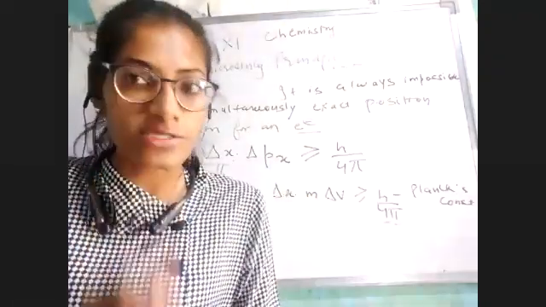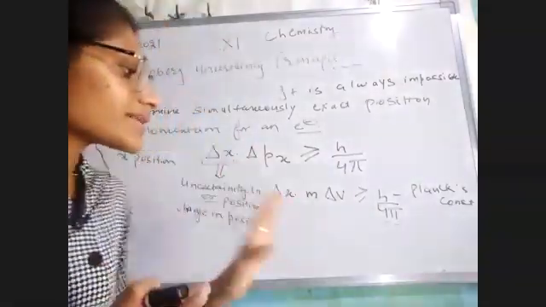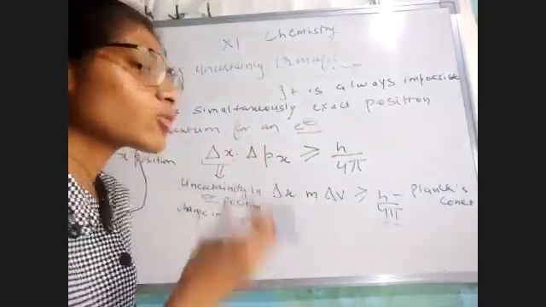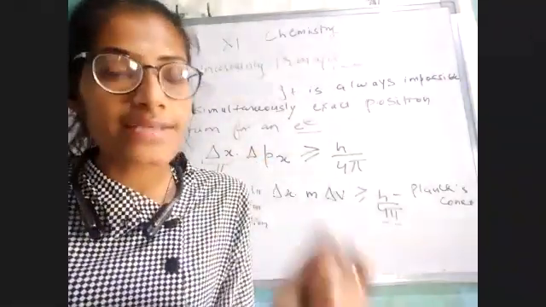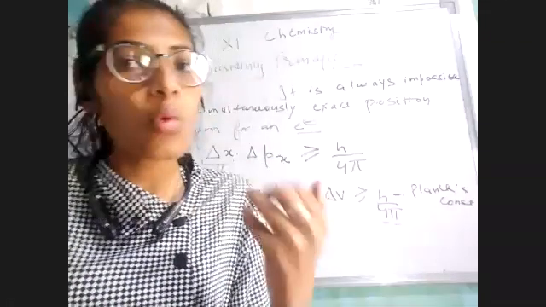So this Heisenberg uncertainty principle is telling us that there is always uncertainty whenever we want to calculate the position as well as the velocity, or the momentum, of an electron.